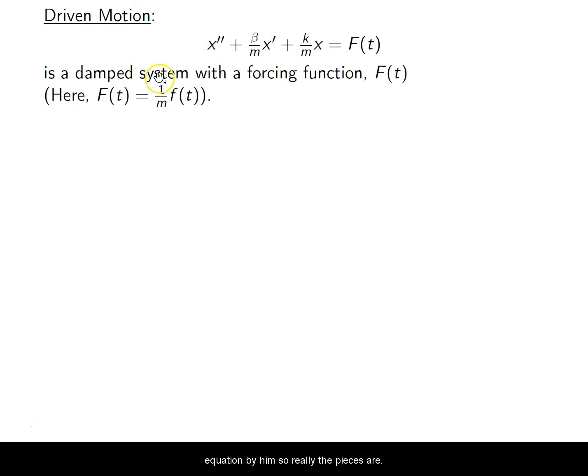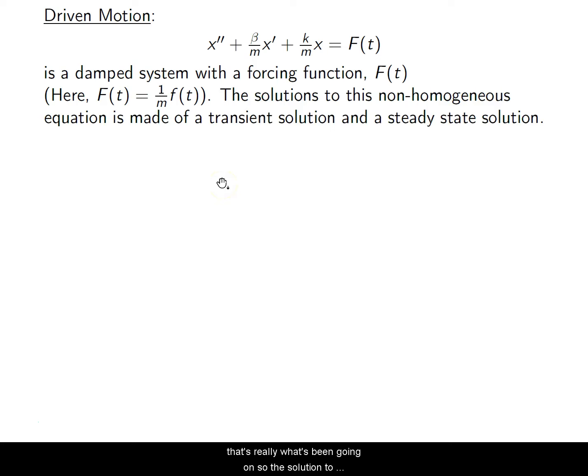So really the pieces are m times acceleration, plus the damping portion, beta times x prime, the velocity, plus the spring constant times x, the position, which will equal the forcing function. So we're just dividing everything by m. Use that as you will, but that's really the way that everything's been put together here. I just did not present it to you in that manner, but that's really what's been going on.